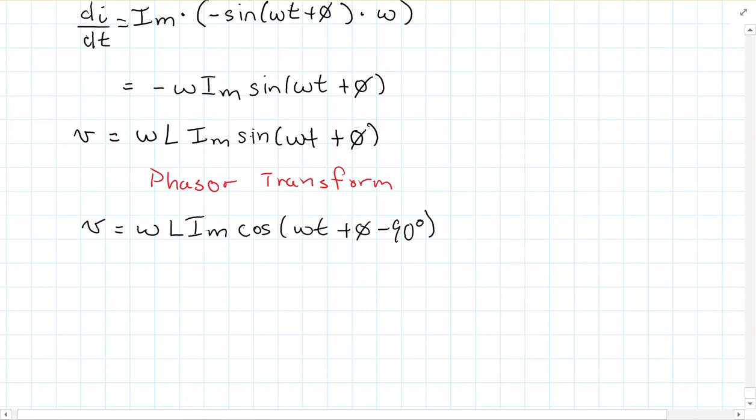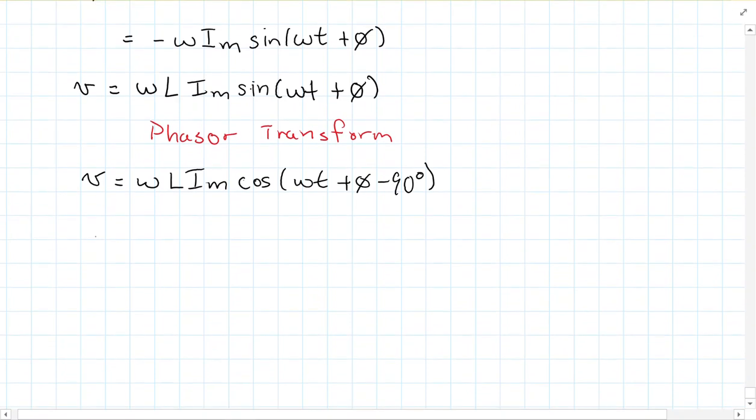All right, now I'm going to do my phasor transform. So I've got my phasor voltage is equal to omega L times Im at an angle of phi minus 90 degrees.